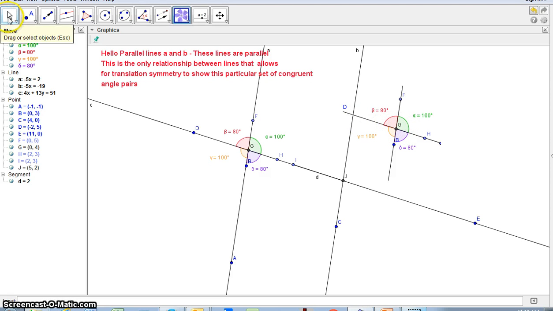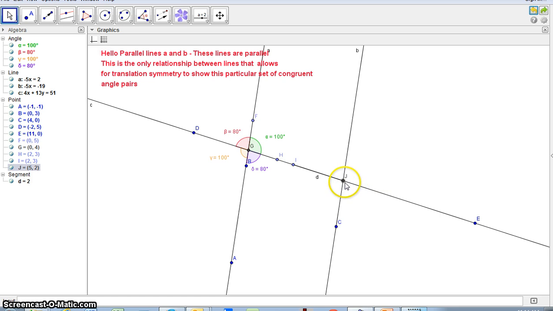Now, will the move tool allow me to take this image, I hope it does, and move it? It won't. So I'm going to remove it, and I inserted it here, and I believe that's where the lower left corner of the image landed. So I'm going to put it down here a little bit.